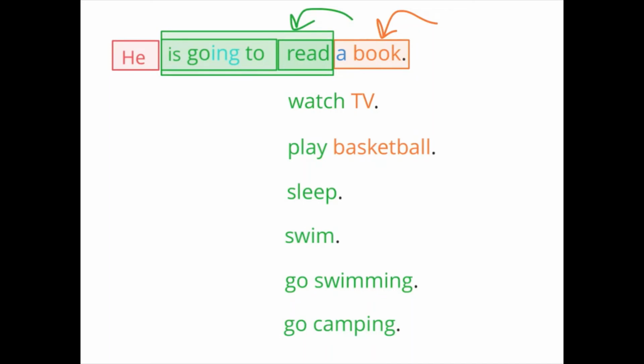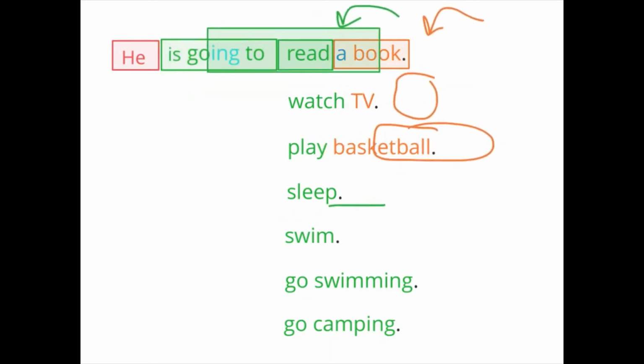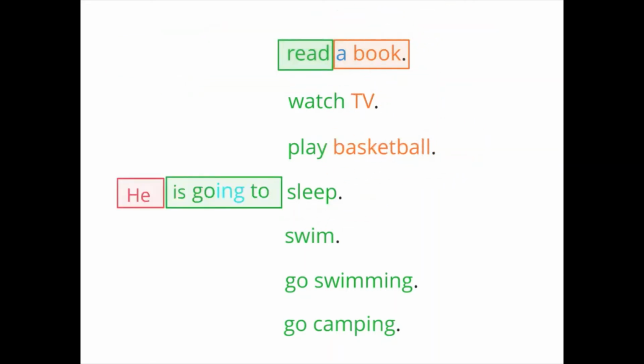You can see that we have objects in this sentence. Watch what? Watch TV. Play what? Play basketball. With the verb sleep, we do not need an object after it. That would not make sense. If we say he is going to sleep, it would not make sense for us to say he is going to sleep what?